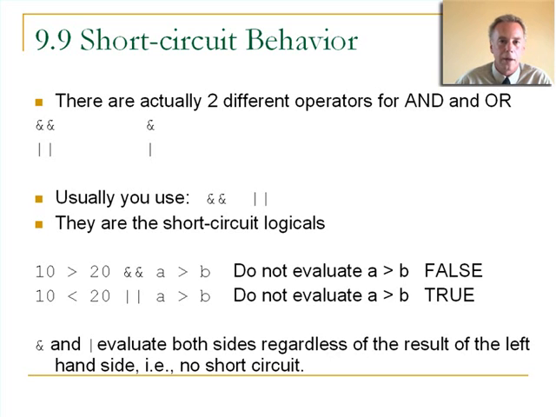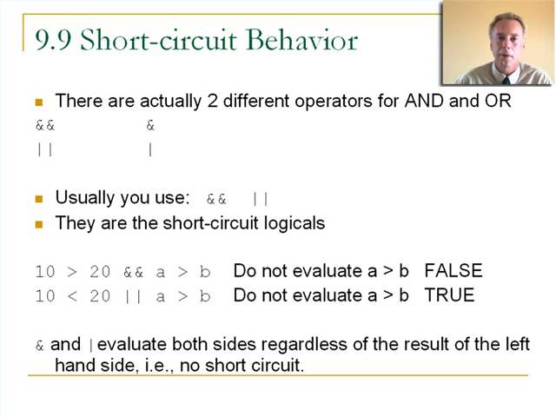It works just a little bit differently with the OR. When do you know the result of an OR? Let's look at this one. 10 is less than 20, or A is greater than B. Well, 10 is less than 20, that's true. True or anything is true. So with an OR, we know the result when we have true on the left. And with an AND, we know the result when we have a false on the left.